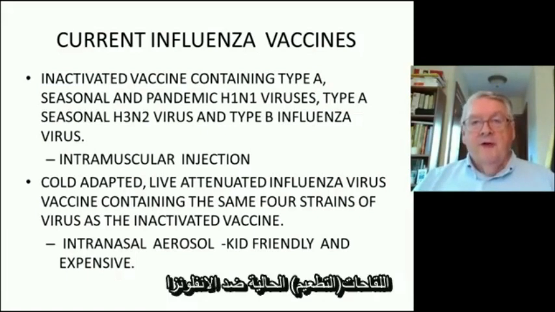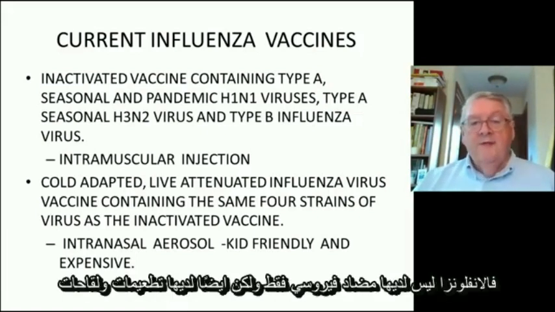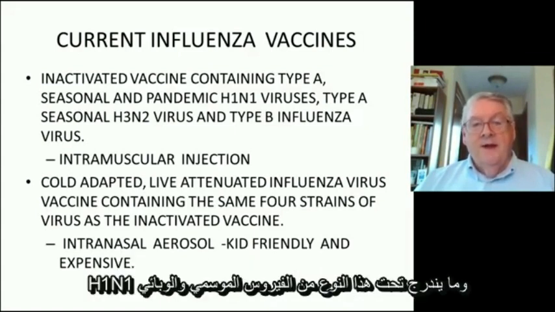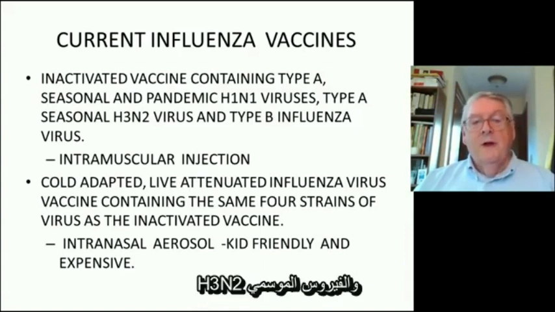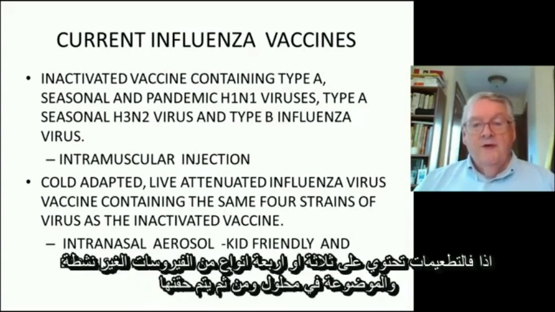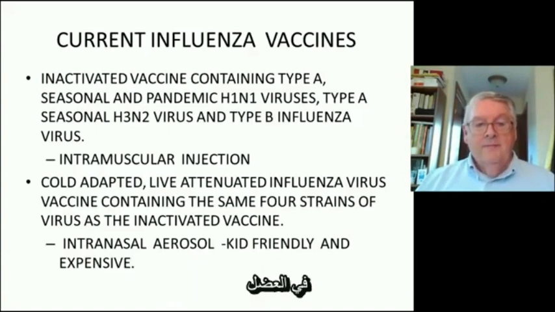Current influenza vaccines. So not only do we have antivirals, we also have vaccines. The current influenza vaccines are an inactivated vaccine containing type A, seasonal, and pandemic H1N1 viruses, and type A, seasonal H3N2 virus, and type B influenza virus. So this has 3 or 4 different viruses that are inactivated and then put into a solution which is injected intramuscularly.